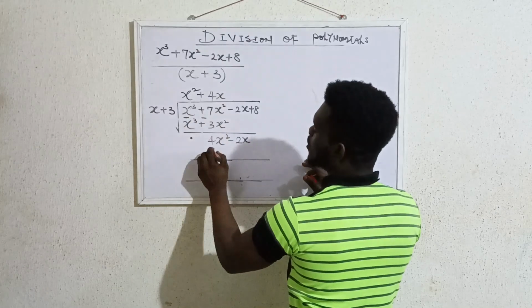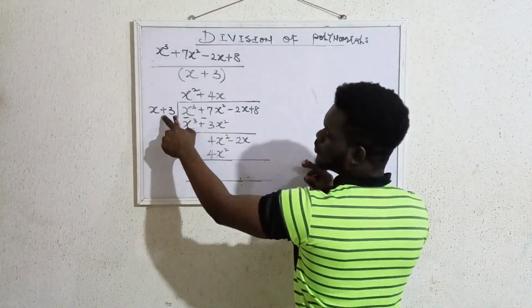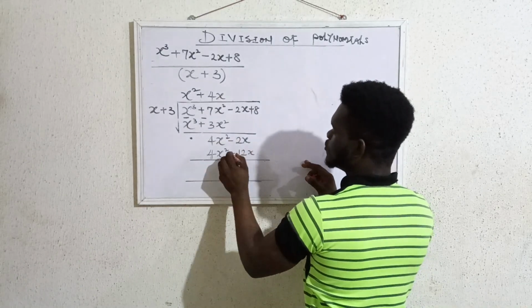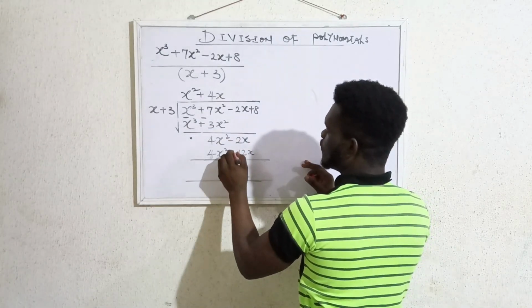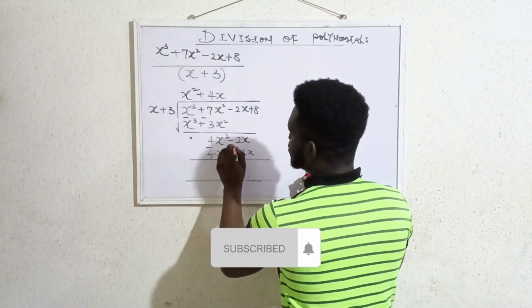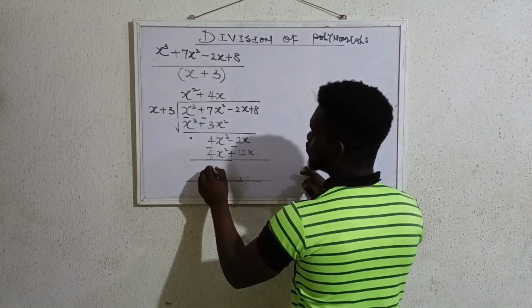Now x times that 4x, you have 4x squared. Then this positive 3 times positive 4, you have 12. That's plus 12. Now once you add that, what's the next thing to do? You subtract all through. Then you have 4x squared minus 4x squared, you have 0.